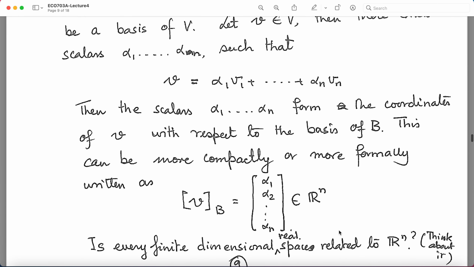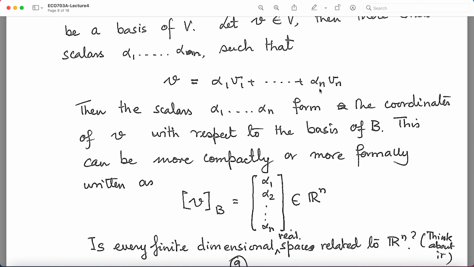I would like you to take a little time and wonder why I should call them coordinates, how they relate to Rn, and what makes them so important. Can you tell me why you want to call this alpha 1, alpha 2, ..., alpha n coordinates?